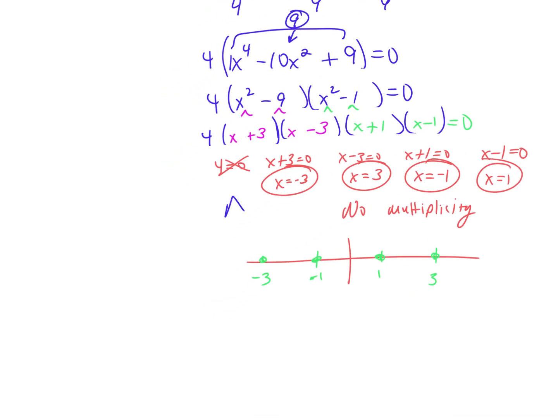So we're here and here. So I'm going to come through negative 3, back up through negative 1, down through 1, back up through 3. We do not bounce at all. We go through. Does that make sense? We okay?